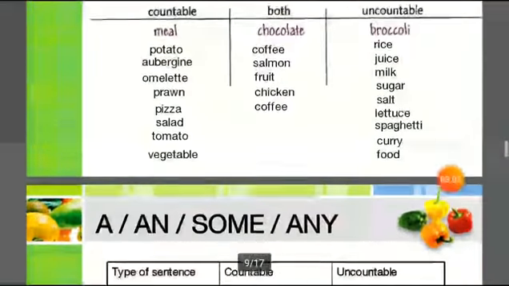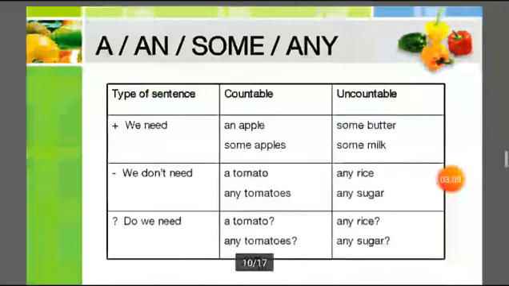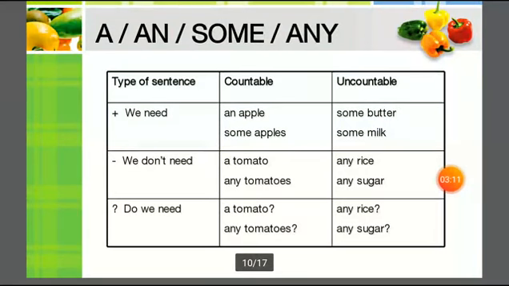And then we learn about a, an, some, any. Types of sentence: countable, uncountable. First sentence, we need an apple.